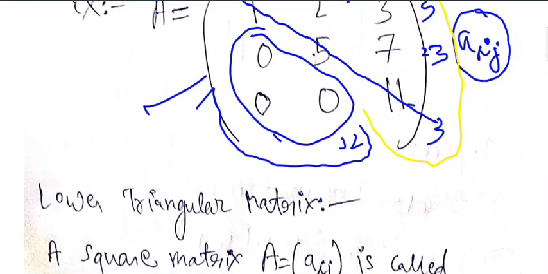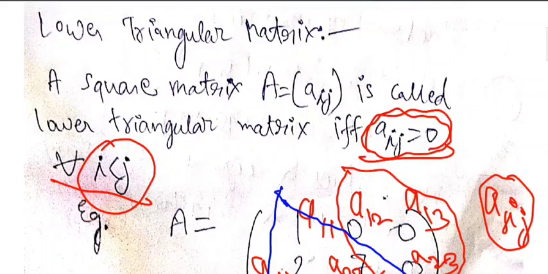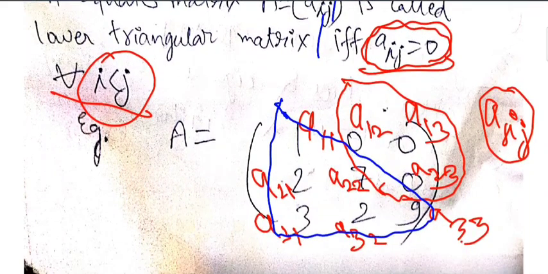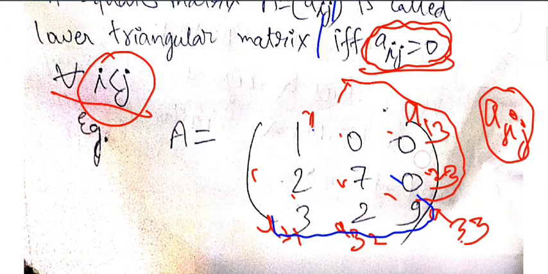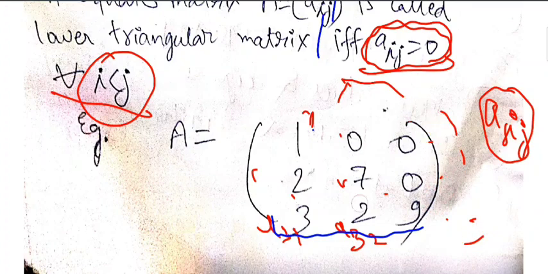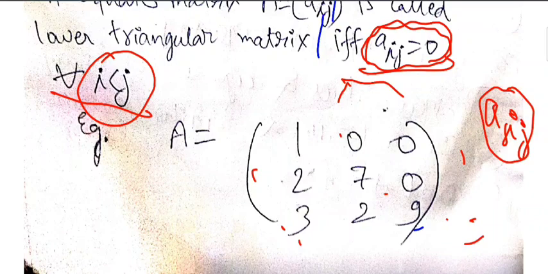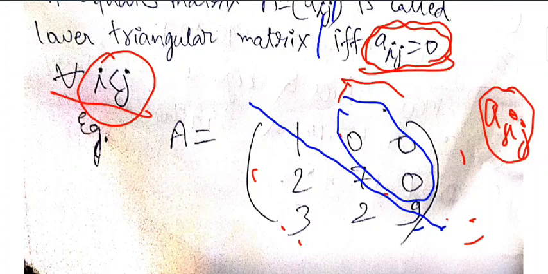And similarly, for a lower triangular matrix, let me erase this and show it to you. Just have a look at this principal diagonal: all the elements above this principal diagonal are equal to 0 for a lower triangular matrix.